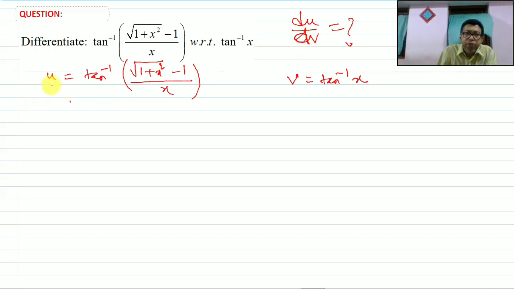First you would find du dx, but I want to substitute x by a trigonometric function. The best way is to put x equal to tan theta.